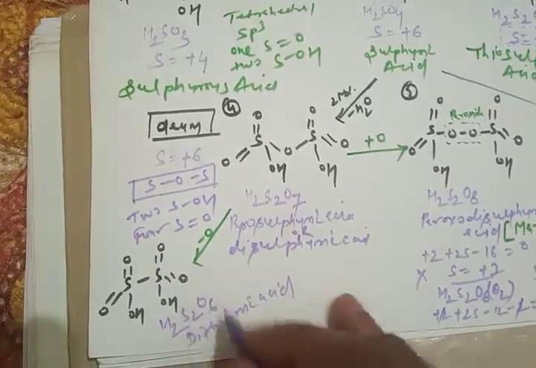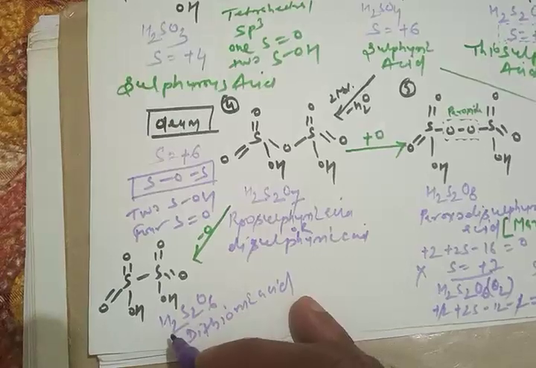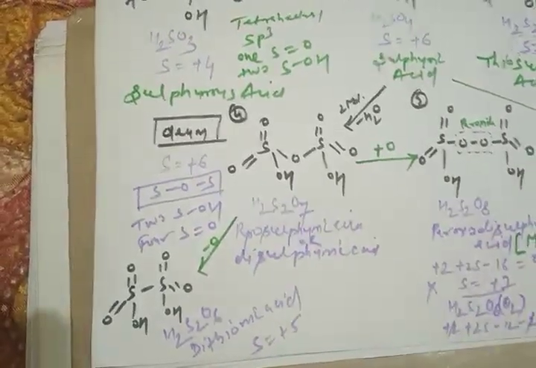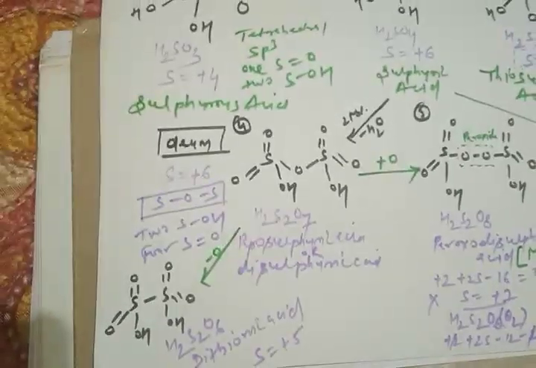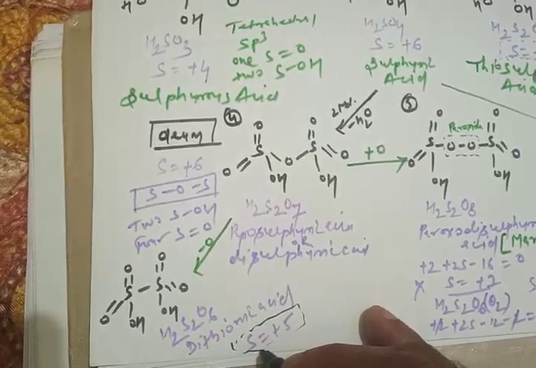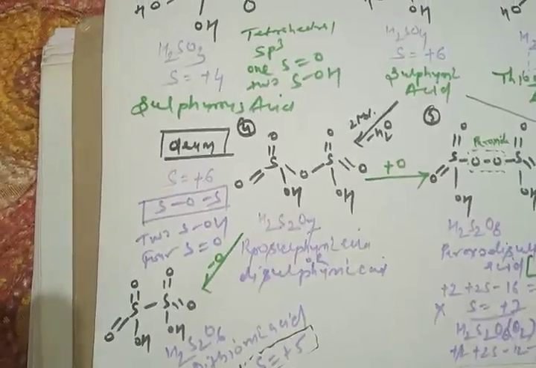And if you calculate the oxidation state of sulfur here, the 12, then S will be +5. So again here the oxidation state of S is +5.